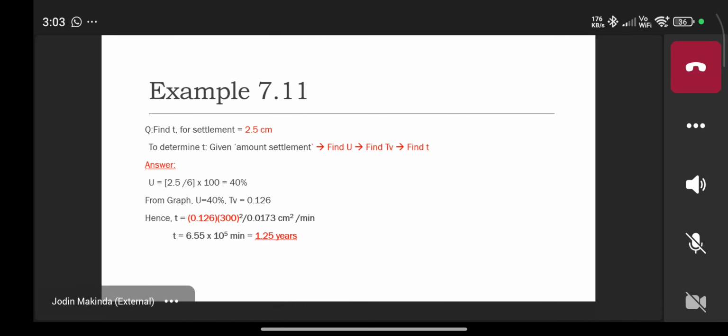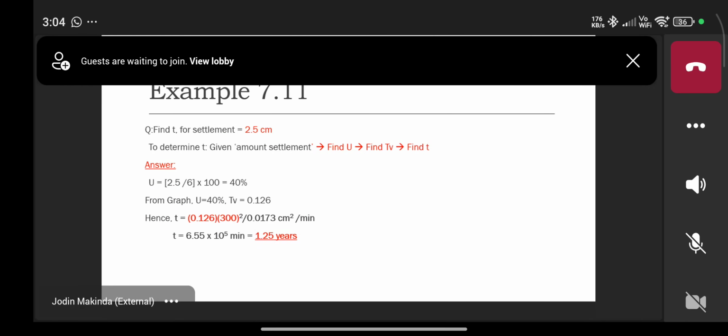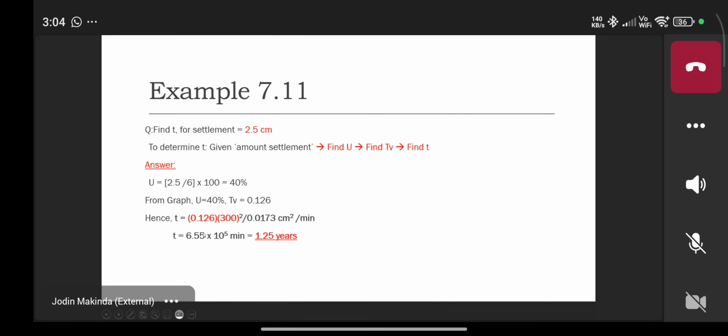Similarly, if we are given settlement 2.5, what is the time? Again, you follow the hint. Settlement, find U first. So U is 2.5 cm divided by 6, which is 40%.